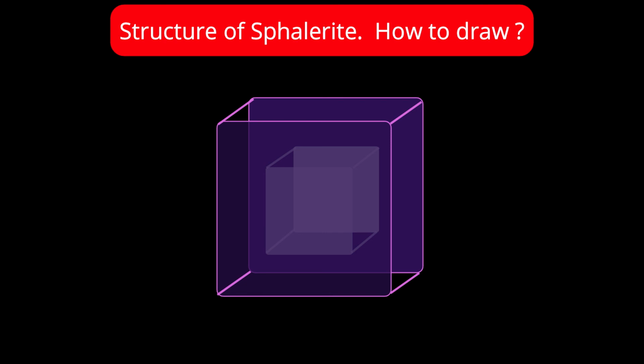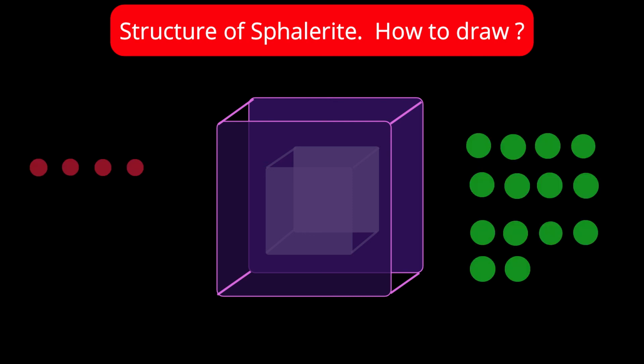So now can you clearly imagine one large cube, inside that there is a small cube, and each cube has 8 corners. Now I need 4 zinc ions. Those are smaller in size. So on the left side I represented here small red colored zinc ions.